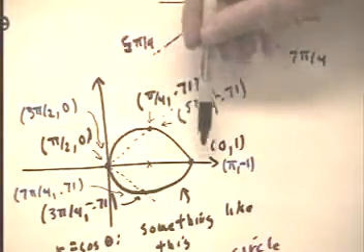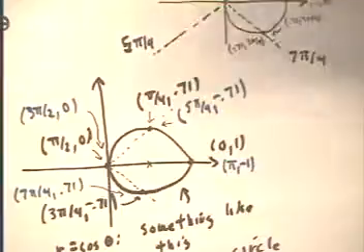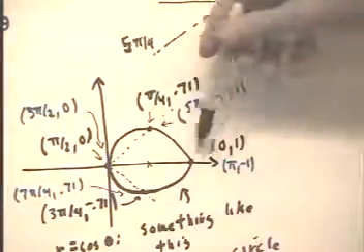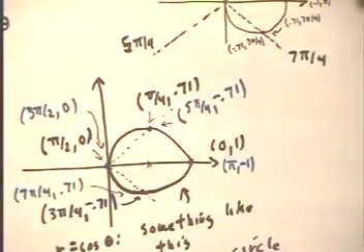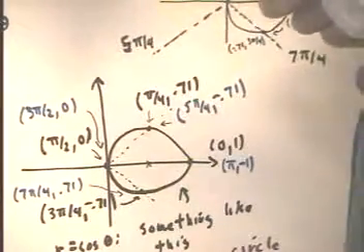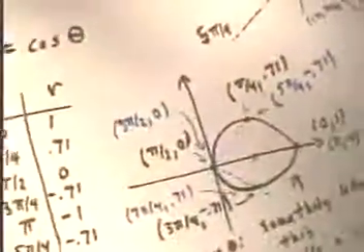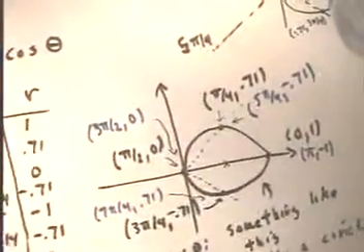It's got a diameter of 1 from (0, 0) to (1, 0) in rectangular coordinates. So that's our circle for r equals cosine theta.